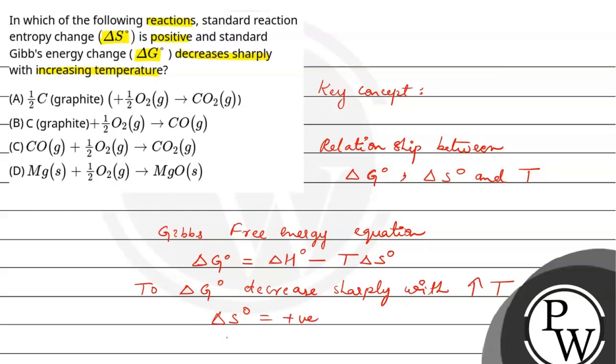So if this is positive, what will happen is this value, that is minus T delta S naught, will be negative. So it will be more negative if delta S naught is positive. So this will become more negative as temperature increases.